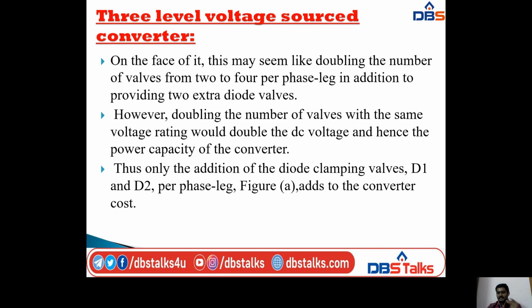However, doubling the number of valves with the same voltage rating means there is no change in the voltage rating, but it would double the DC voltage and hence the power capacity of the converter. Thus only the addition of the diode clamping valves, D1 and D4 per phase leg in the figure, adds to the converter cost.